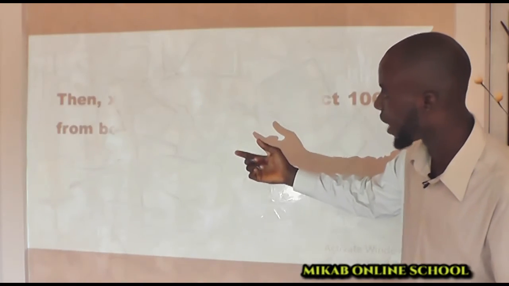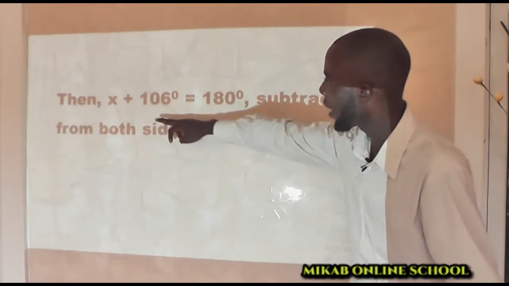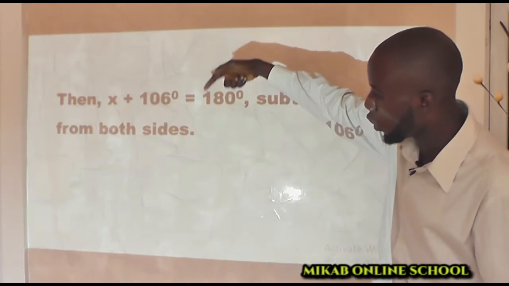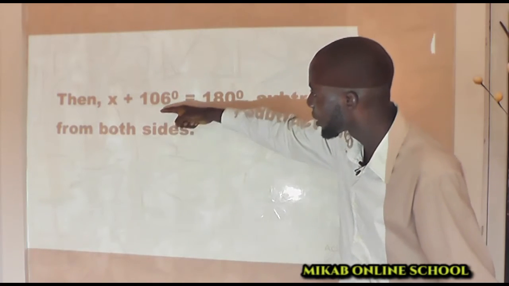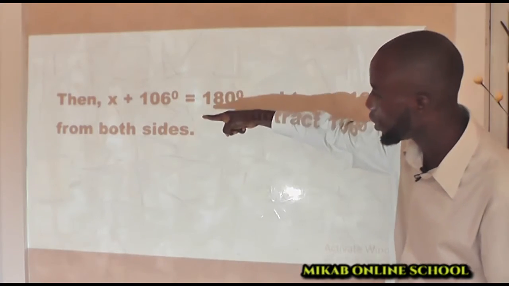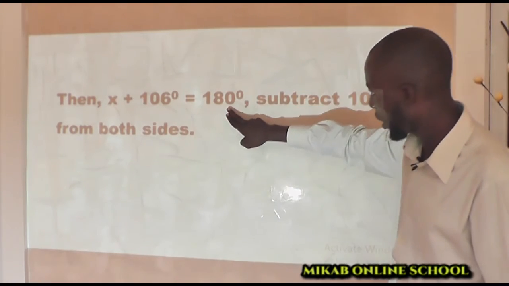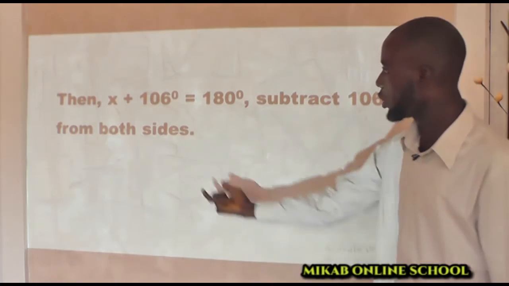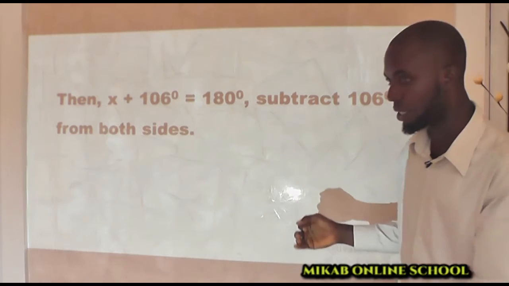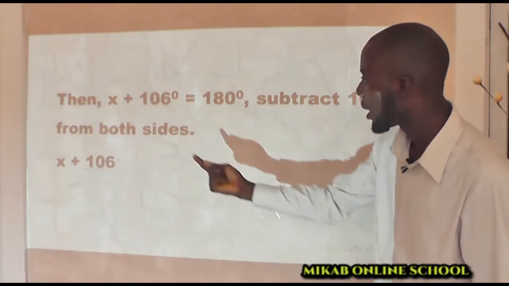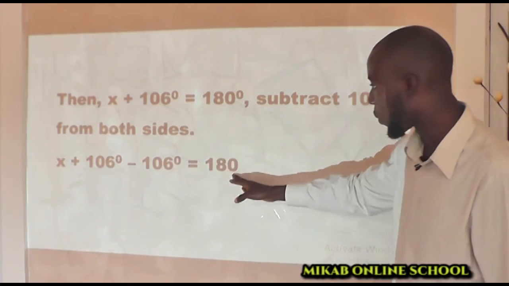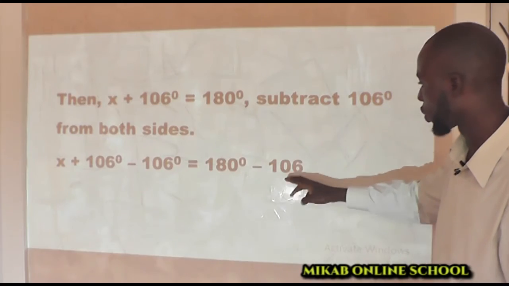So we are going to have X in place of angle AOC plus 106 degrees in position of angle BOC equals 180 degrees. We are going to subtract this 106 degrees from both sides. And if we do that, we are going to have X plus 106 minus 106 equals 180 degrees minus 106.